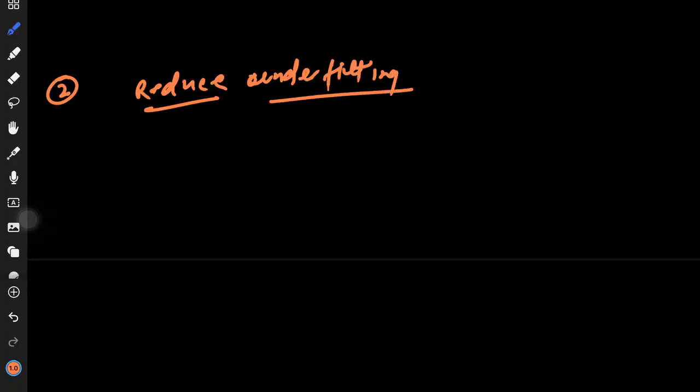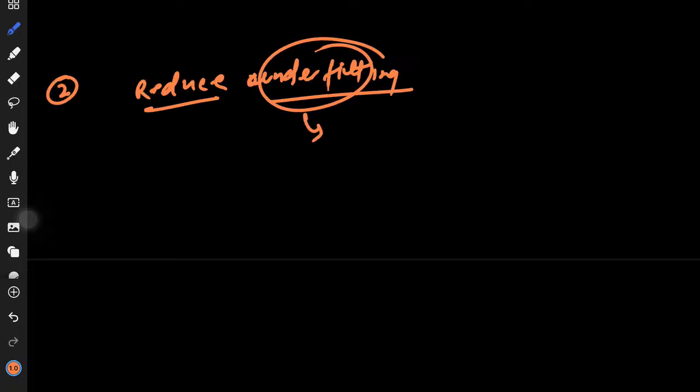The second question they can ask is how to reduce underfitting. First of all, what is underfitting?